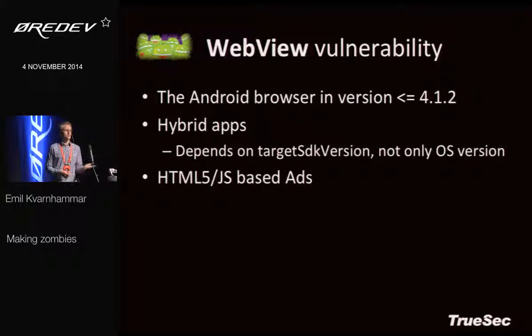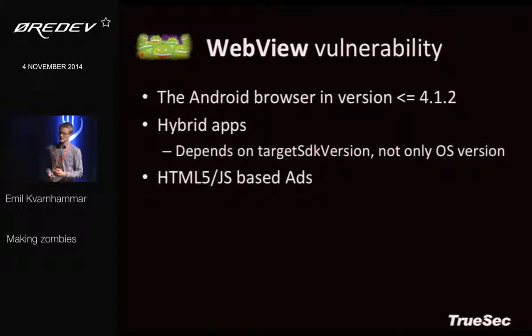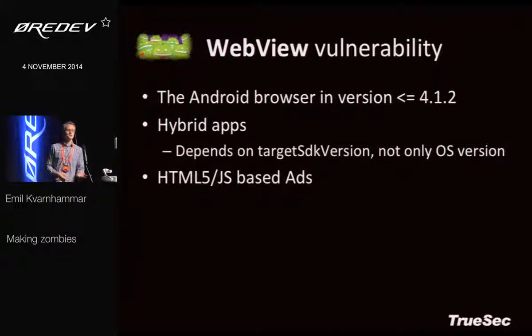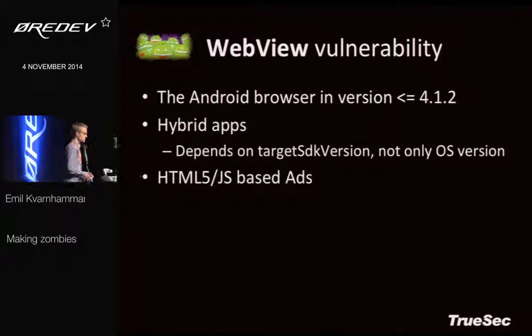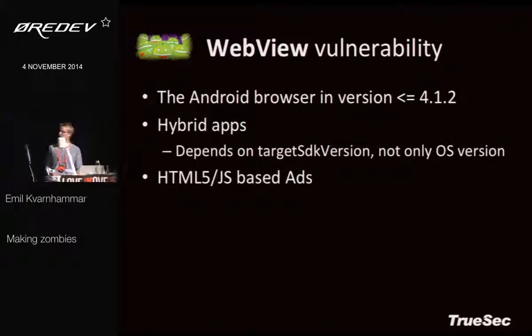WebView was actually also used in the Android browser. And the scary part of this is that, I mean, this is a vulnerability as any other, except from the fact that Google would need to maintain compatibility somehow with applications that haven't adapted to the fix. We're going to see more about how that looks.